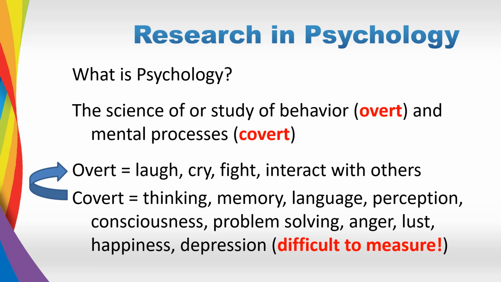And so them recalling is that overt type thing that we can measure. It's open, observable, out there. But we are doing that to measure memory, which is covert, which again, think of covered, concealed, so it's more hidden. Okay, so I hope that helps keep those two straight.